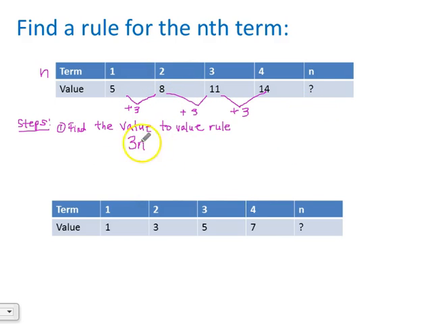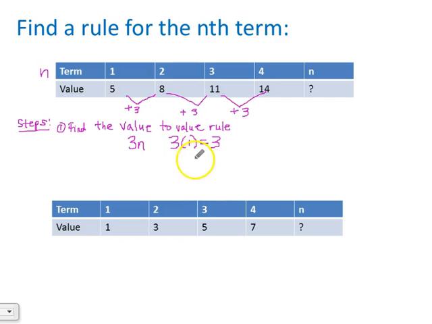Now let's check the equation that we have. The corresponding value of our first term is 5. Does that rule work? If we take 1 and let that represent n for our first term, what do we get? We just get 3.